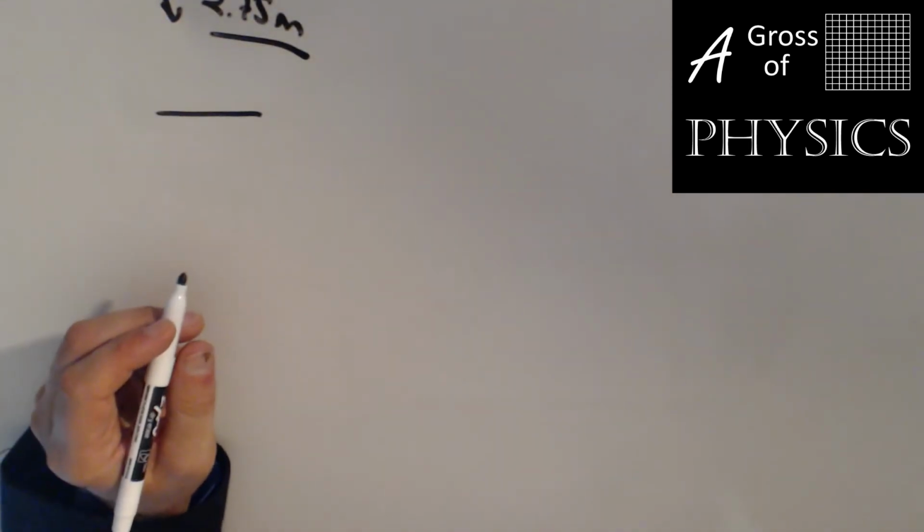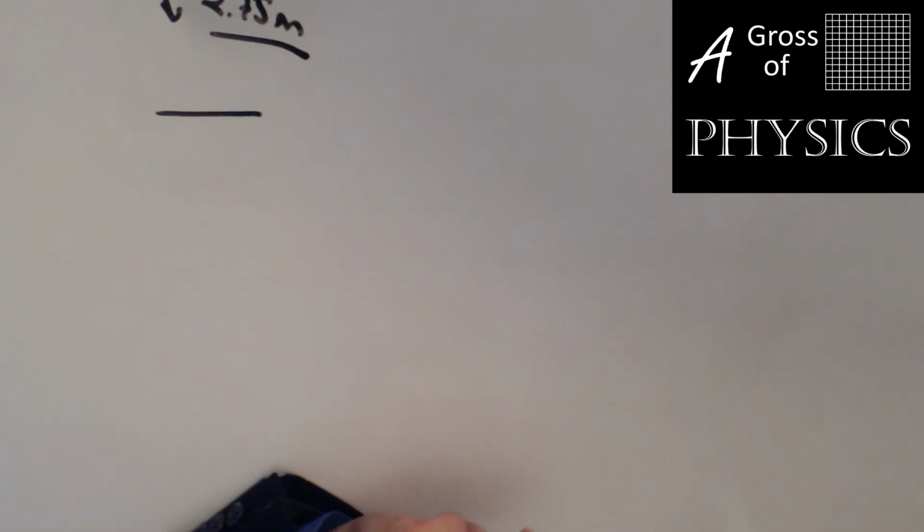For this next problem, we're going to take a marble and we're going to drop it from the ceiling of my classroom. Now the distance between the ceiling and the ground is 2.75 meters. Well, I guess that's a little too far away.